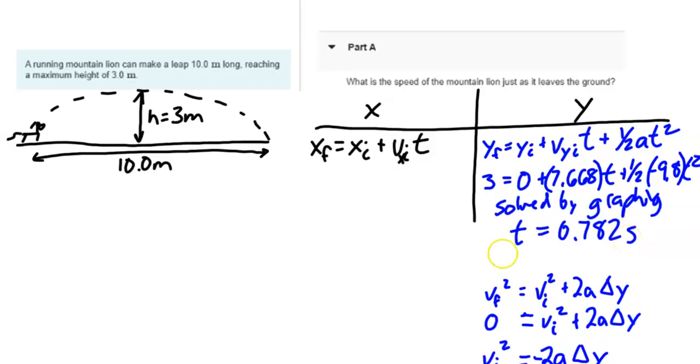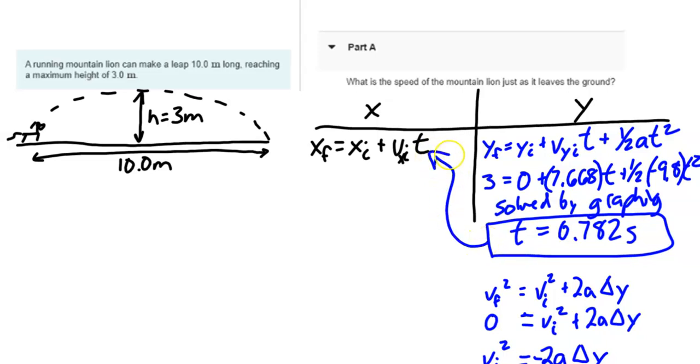Okay, now once I have that time, this is the whole crux of projectile motion: we're going to take that time and plug it into the other equation and do something productive with it. Because we need to know the speed of the mountain lion just before it takes off.